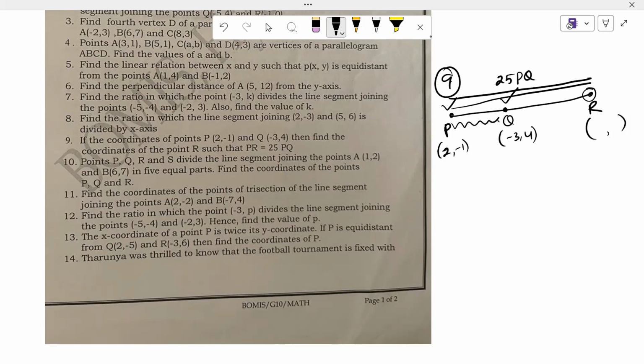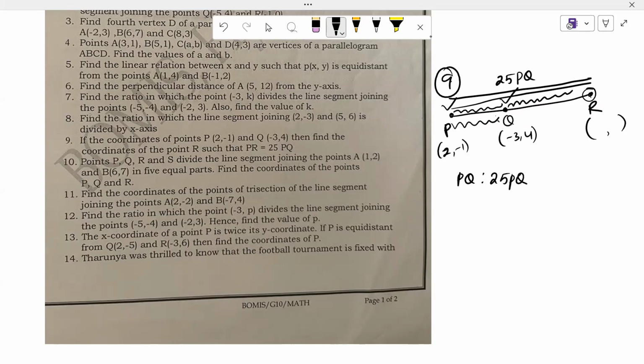Already PQ is here, and now the length of PR is 25 times PQ. If I say this is PQ and from here to here this is QR, so PR is 25 times PQ. So you have to take the ratio between PQ and 25 PQ.